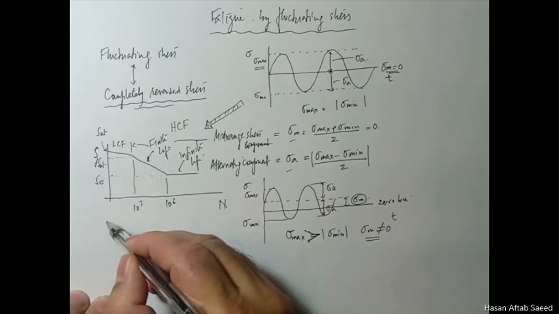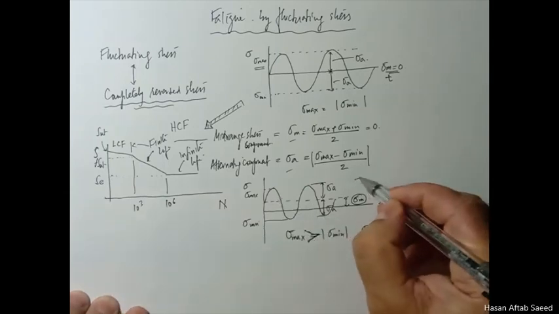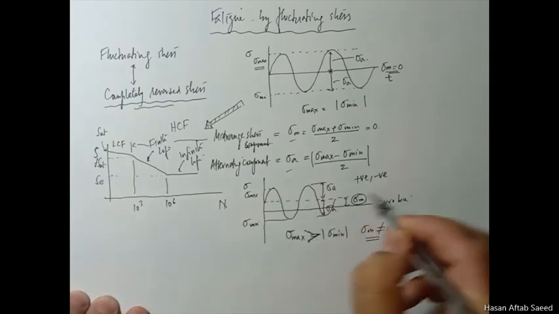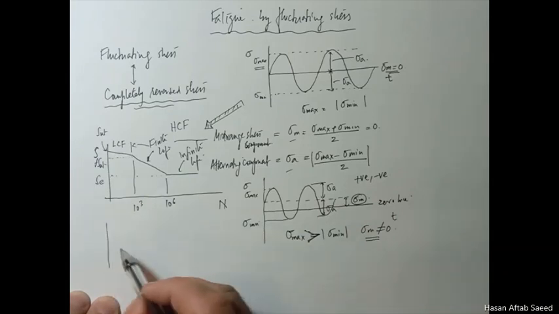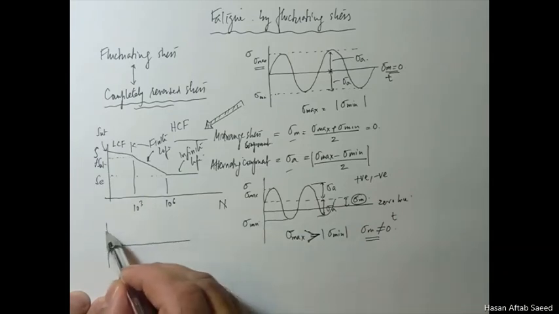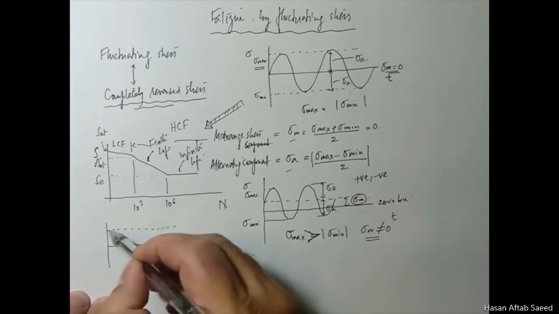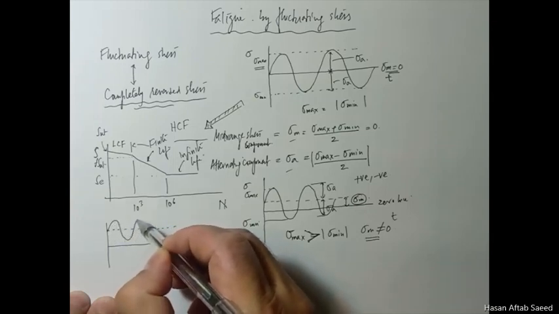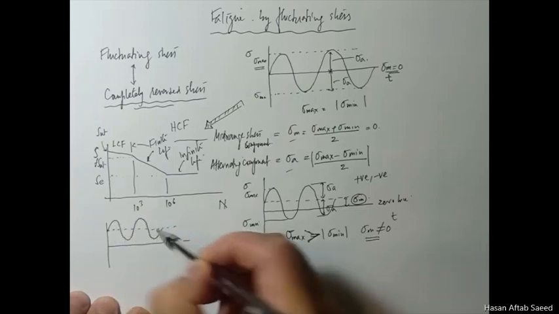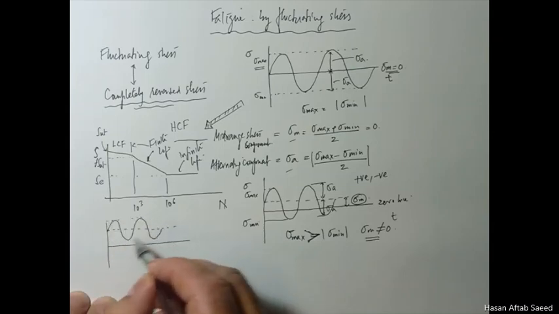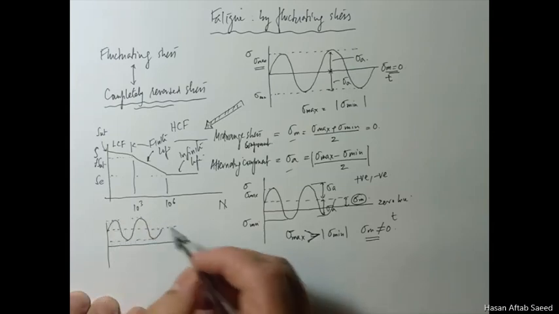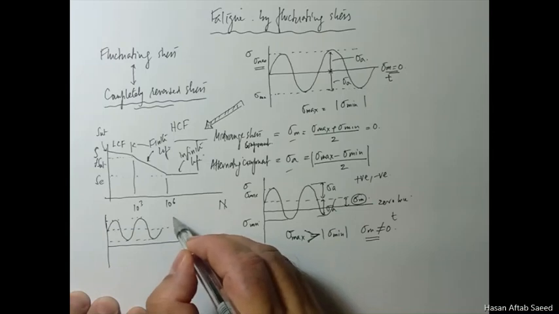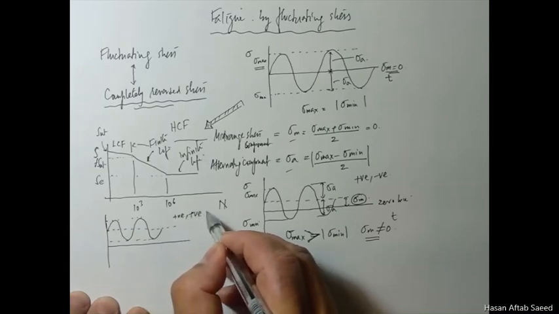Now you can have different varieties of this load. For example, this was positive negative, let's call it positive negative, again a fluctuating load. You could again have a situation where again this amplitude is constant, and you have positive positive.